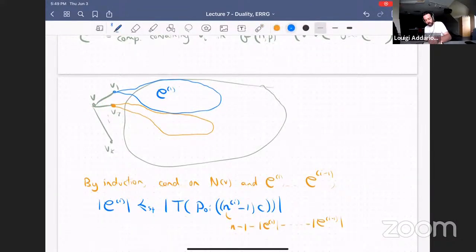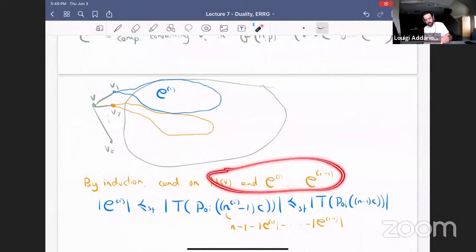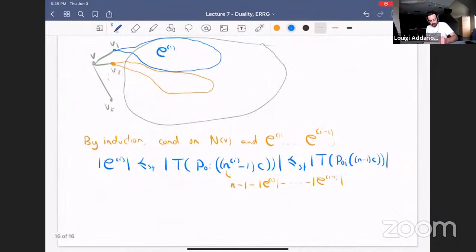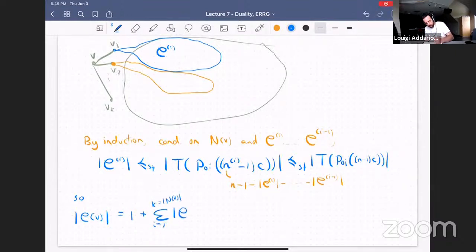Okay. But now, by the comment I made at the start, this n_i is at most n, and so the size of this tree is stochastically at most the size of a Poisson Galton-Watson tree with parameter (n minus 1)/c. And it's important that that's true even after I condition on all this information. Because that's true even after conditioning, the size of Cv is exactly 1 plus the sum from 1 up to k, which was the size of Nv, of ci.